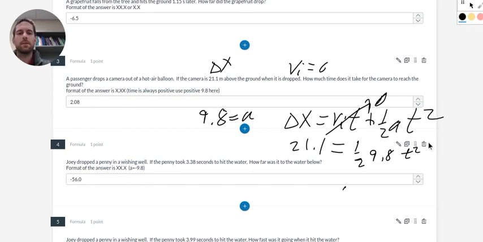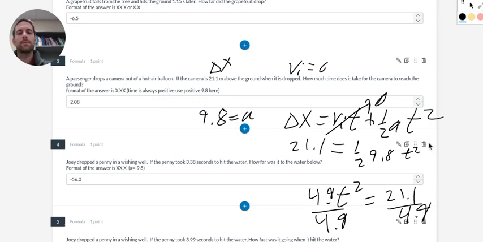So time squared equals, because that's 4.9, 21.1, and I divide 4.9 to both sides. Then I have to square root this to get t, because that's t squared. If I square root that side, I gotta square root this side.